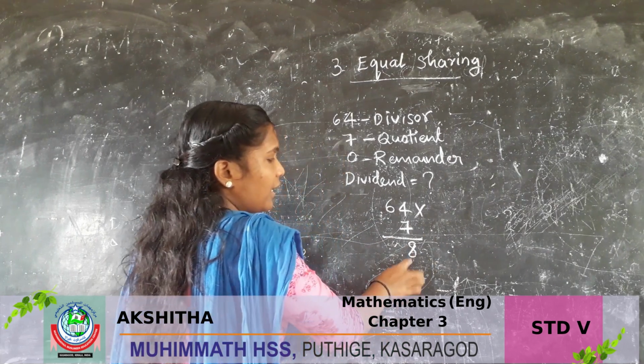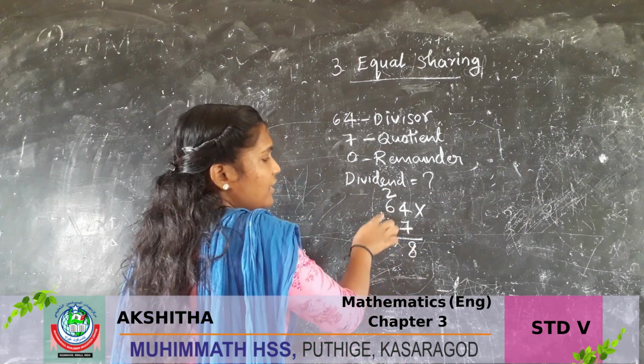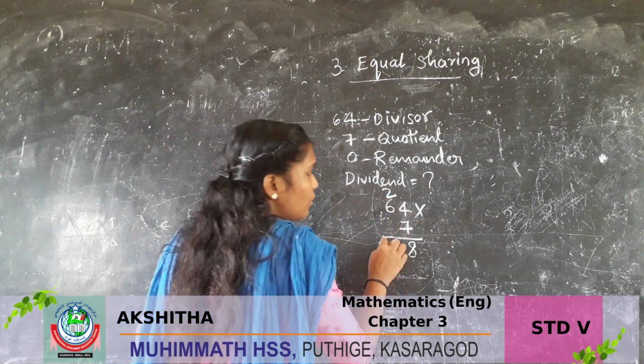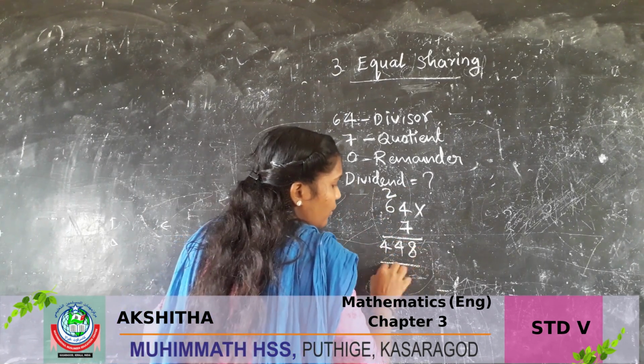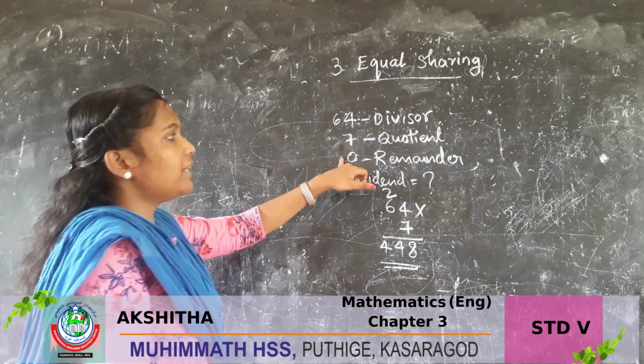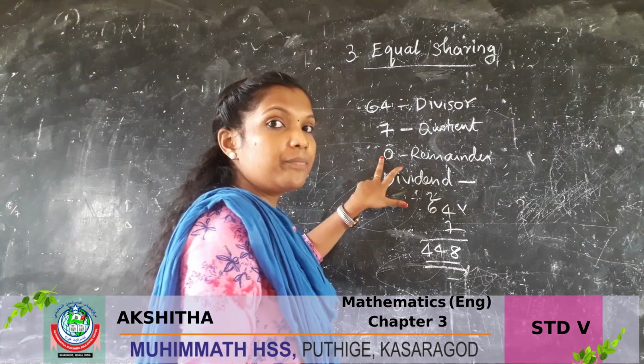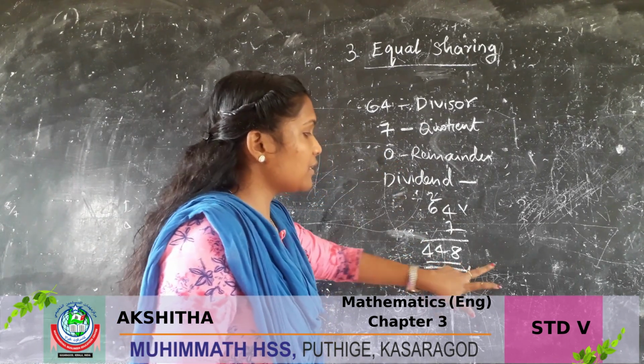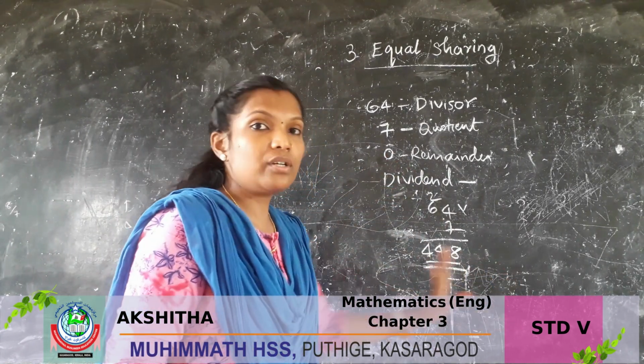So we should write here 8, 2 here. 7 6 times 42. 42 plus 2, 44. So here remainder is 0, right? Remainder is 0. So 448 plus 0 is 448.